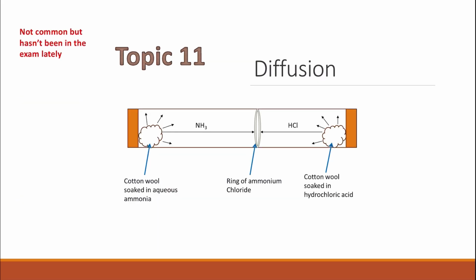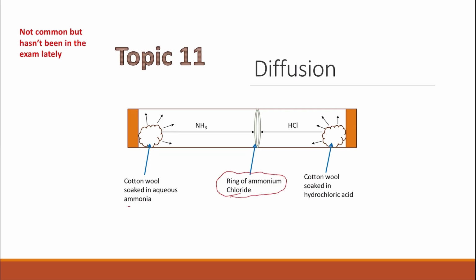Diffusion is not very common in the exam, but it hasn't been in the exam lately, so I would think they might decide to bring it in the exam this year. And diffusion, the most important one is the reaction between hydrochloric acid and ammonia to form ammonium chloride.